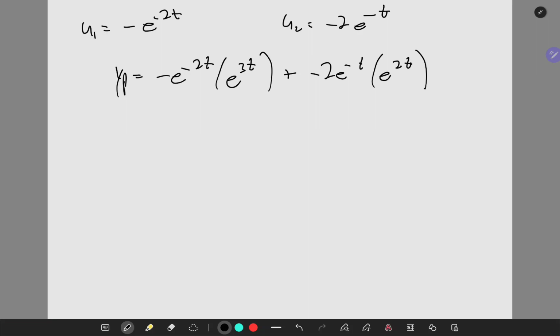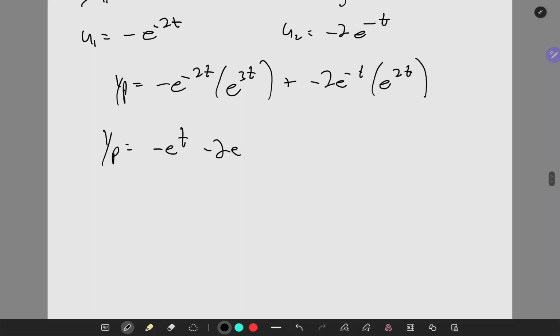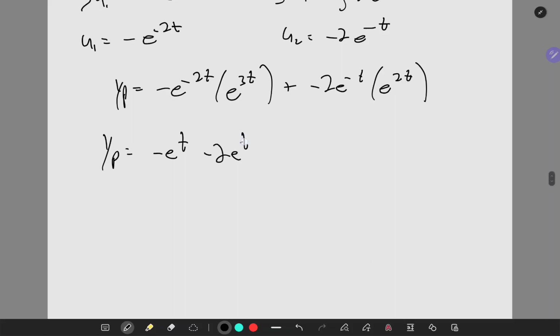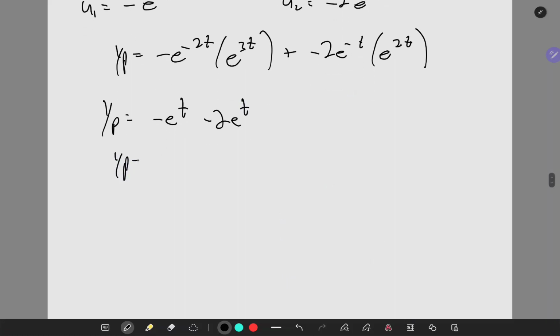Yes. We can simplify that then, right? So then our y sub p would be negative e to the t plus or minus 2e to the t.